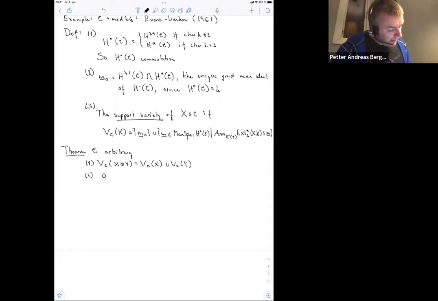And it's always the case that support varieties behave well with respect to exact sequences. So if we have a short exact sequence like this, then the support variety of any of these objects is contained in the union of the support varieties of the other two objects.